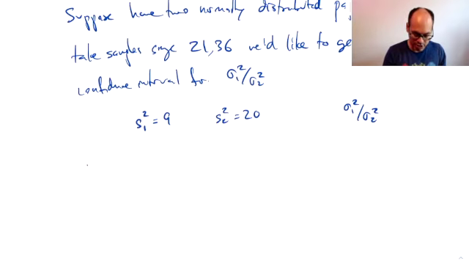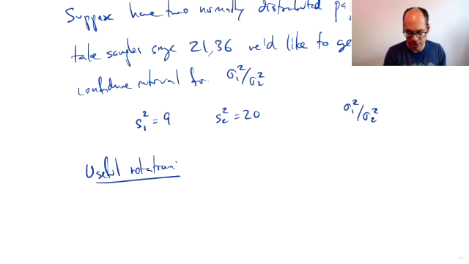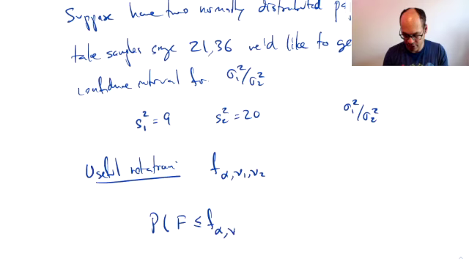Okay, so let me introduce the following useful notation, which you'll find in tables in the back of many statistics books. If I write f sub alpha nu 1 nu 2, this is the number such that if I looked at a cumulative distribution function for an F variable with nu 1 and nu 2 degrees of freedom, then the probability that the F variable is less than or equal to this value is 1 minus alpha.